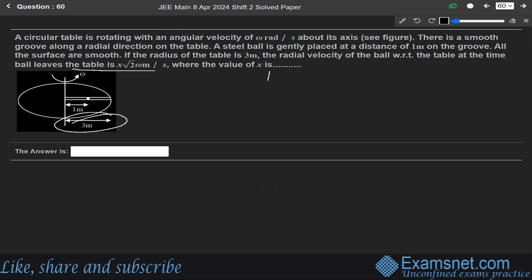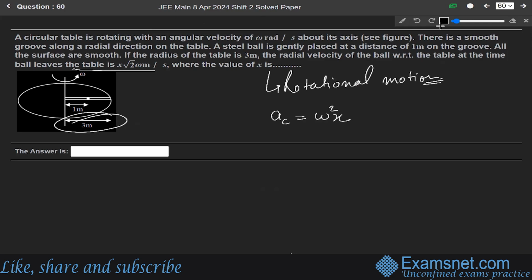Okay, so this question is from the chapter of rotational motion. As given in the figure, this is the angular velocity omega with which the circular table is rotating. For circular motion we know that acceleration is equal to omega square into x.